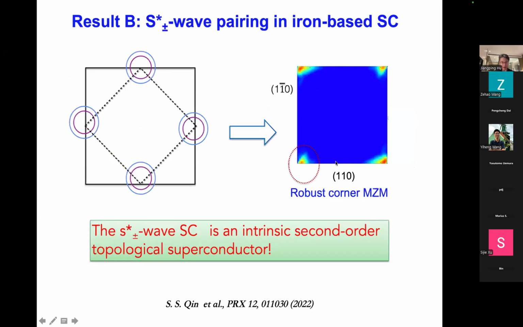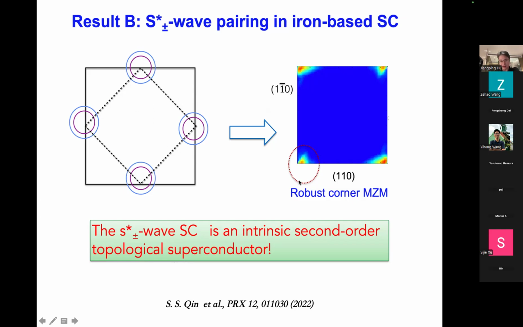Okay. The second conclusion is for a system without a hole pocket, in this S star plus minus wave pairing state. If the material is in this superconducting state, it doesn't matter which iron-based superconductor family you are taking, they will be intrinsic second-order topological superconductors.